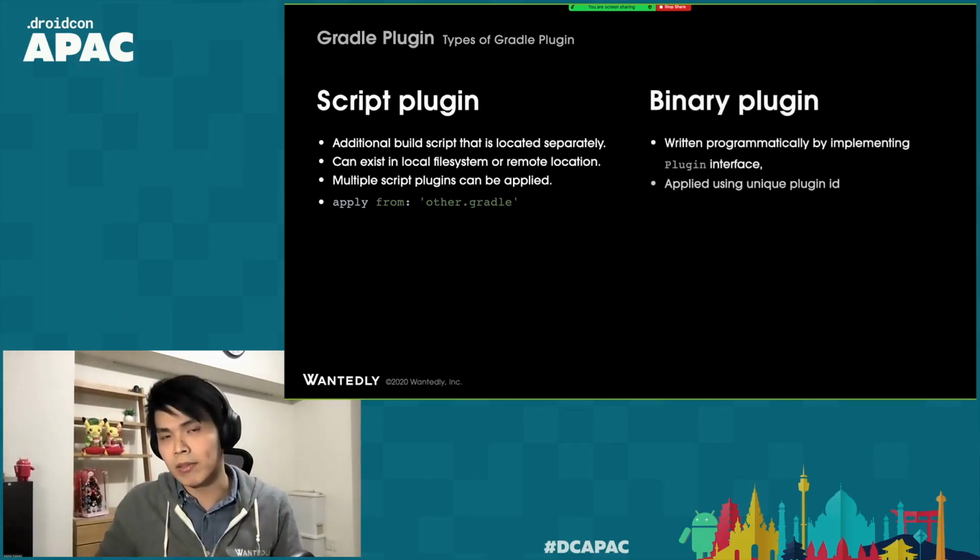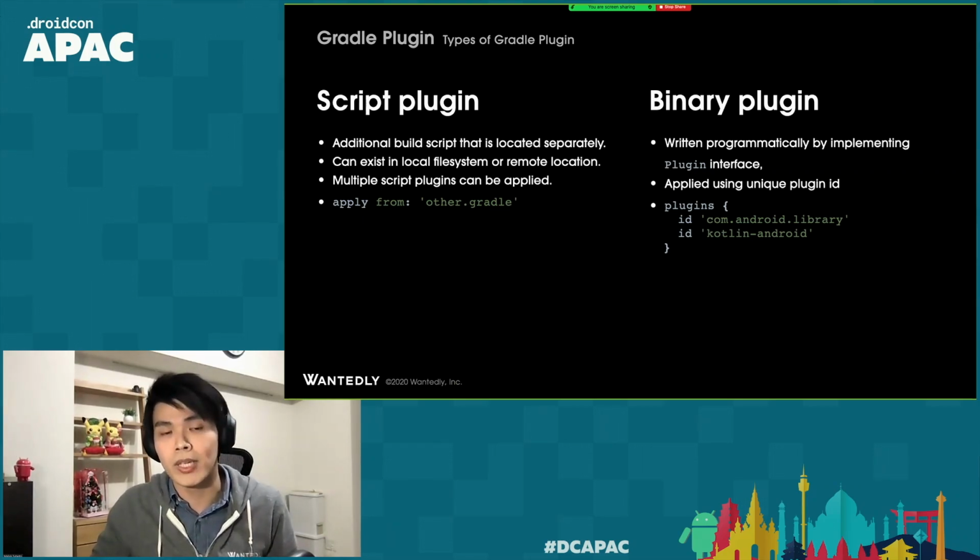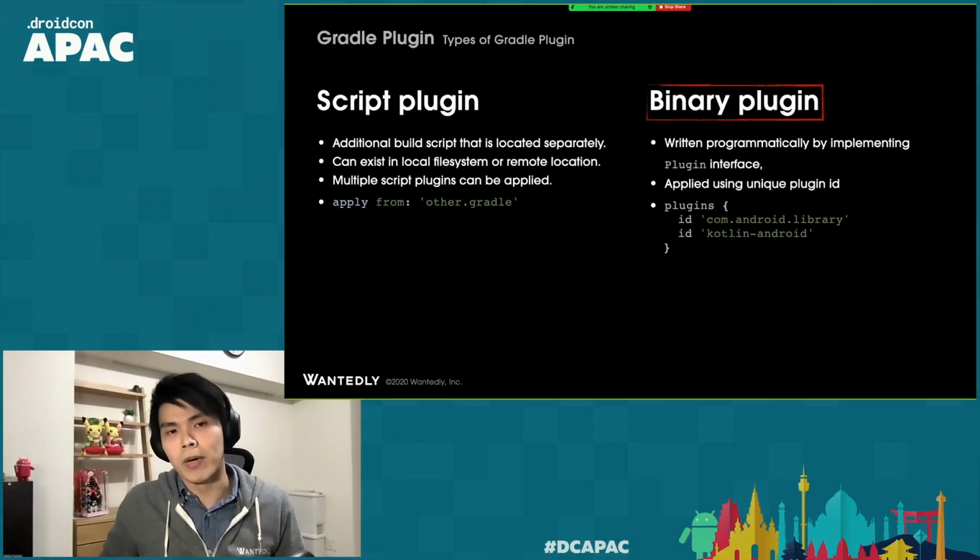The second type of Gradle plugin is called a binary plugin. Inside it, you will write a class that will implement the plugin interface. And to apply a binary plugin on other modules, you will make use of the plugin ID. So today, we are going to talk more about binary plugins and how we can create one.